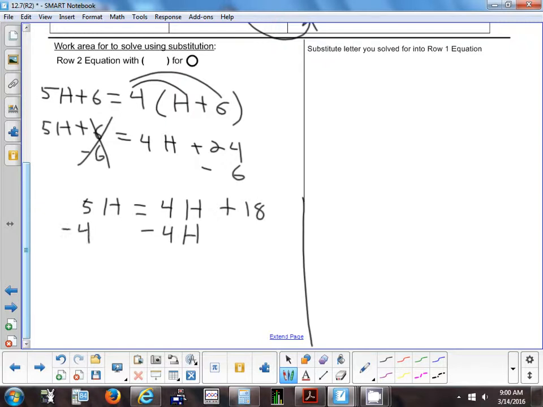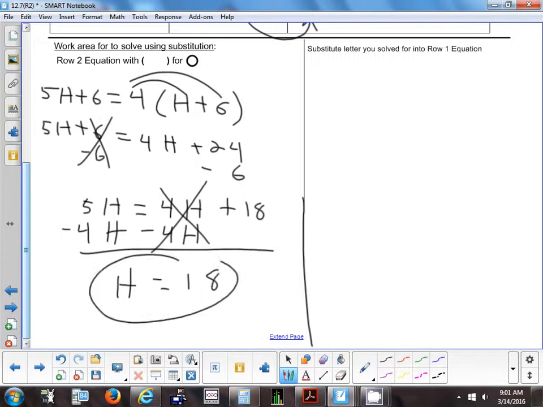Yep, subtract the 4h from both sides. 5h, take away 4h, leaves me with how many h's? So what do we have on the left-hand side? Yep, just h. And on the right-hand side, 18.